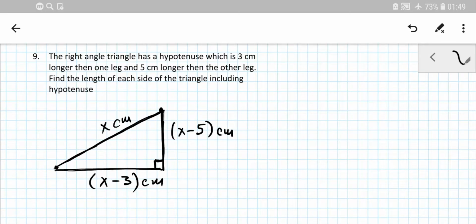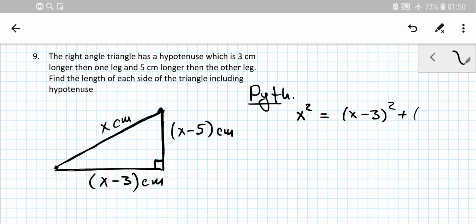Now we've got all sides and we are going to use the Pythagoras theorem. The hypotenuse squared, which is x squared, equals the sum of squares of the other two sides: x minus 3 squared plus x minus 5 squared.